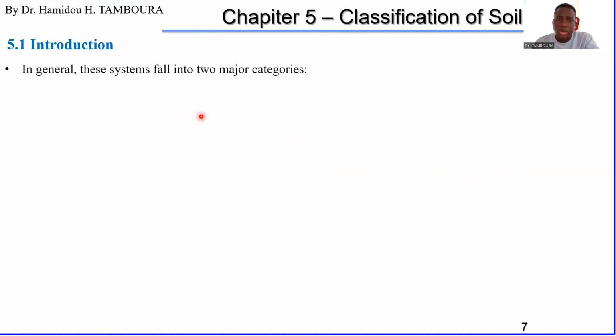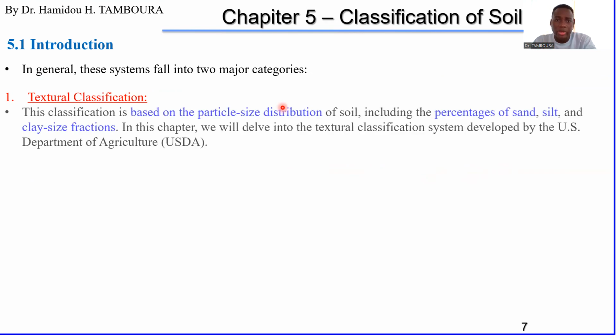In general, the systems are classified in two major categories. The first one is the textural classification, which is based only on the particle size distribution of the soil, including the percentage of sand, silt, and clay size fraction.